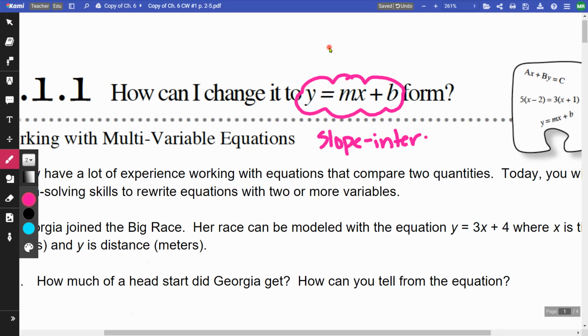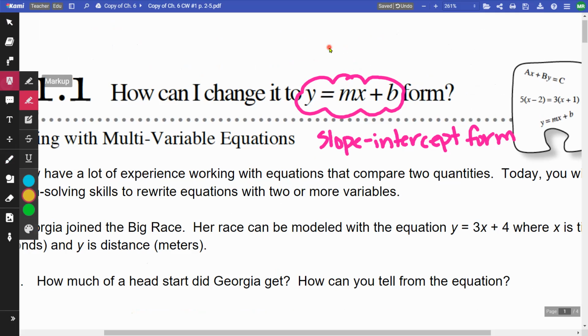And the reason we call it slope-intercept form is because we can find the slope and the y-intercept looking at the equation. In the equation, this m is our slope. And this b, and when I say b, the sign of it also, so positive b, or if it was a minus b, negative b, that is our intercept.